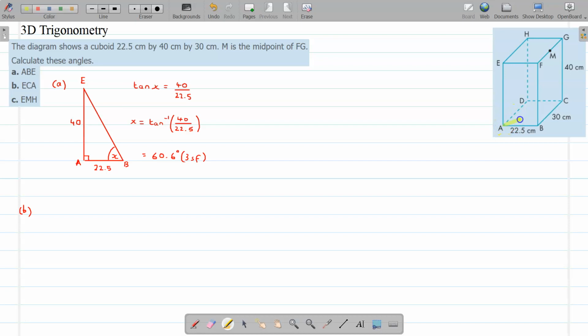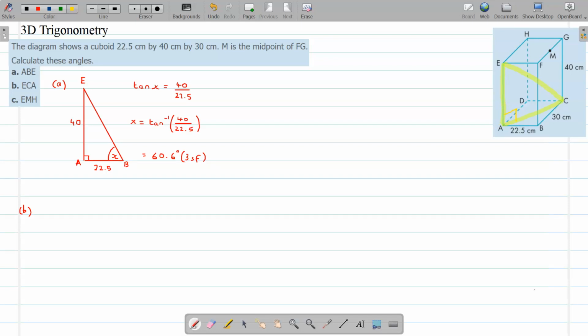It's really important that you can see a potential problem here. In order to work that out, I need to know the distance across the floor diagonally, and I need to go down from E to the point C, and I need to recognize that this is a right angle on the floor of the cuboid. The right angle is going to be this angle in here and down there.